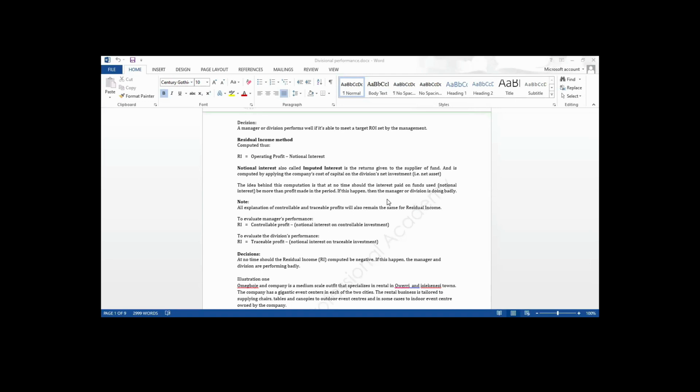For divisional performance, identify the traceable profits minus the imputed interest charges.